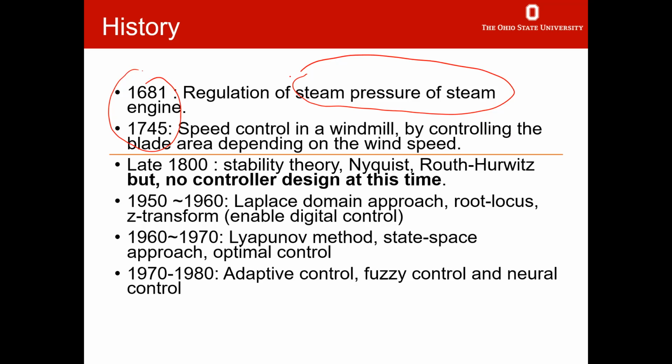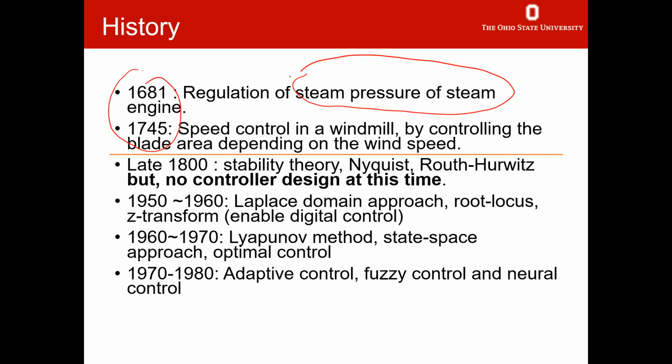It's a mechanical device, but this is one of the first well-known examples of feedback control, the Watt's speed governor, which is a speed sensor and also a controller because there's also a valve involved. And of course, it can introduce stability problems.